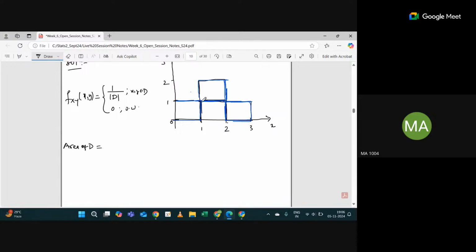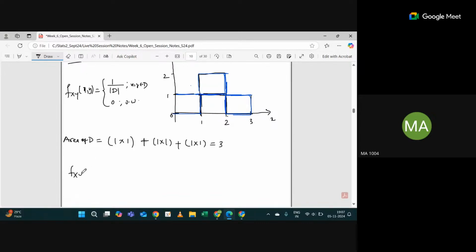What is the area of the first square? 1 into 1, 1 unit. Since it's a union sign, I have to consider the plus sign. Then for the second, again 1 into 1, and plus for the third, 1 into 1. So this is a total of 3 units. Now what is f(x,y)?